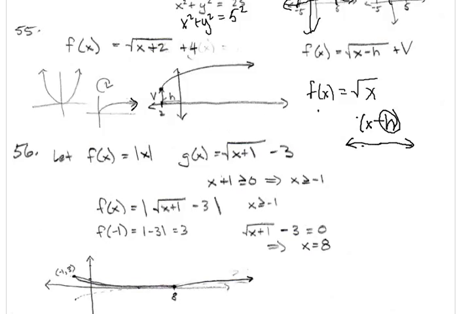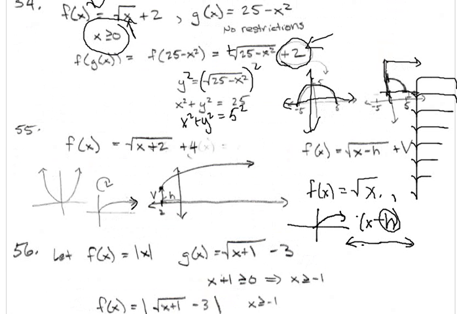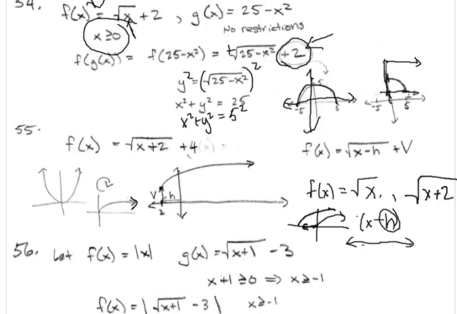So this function, which is square root of x, would be the same thing as square root of x plus 2, but the square root of x plus 2 is shifted to the left 2 units.